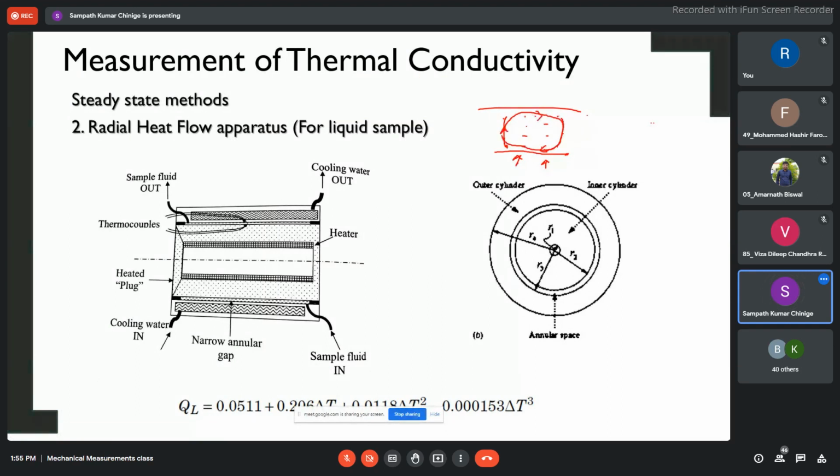Okay. For example, if the heater plate is on the top, you are supplying heat from this side, and the bottom plate is at low temperature. Whatever layer gets heated is the top layer, but it will not move down, correct? It will try to move up.